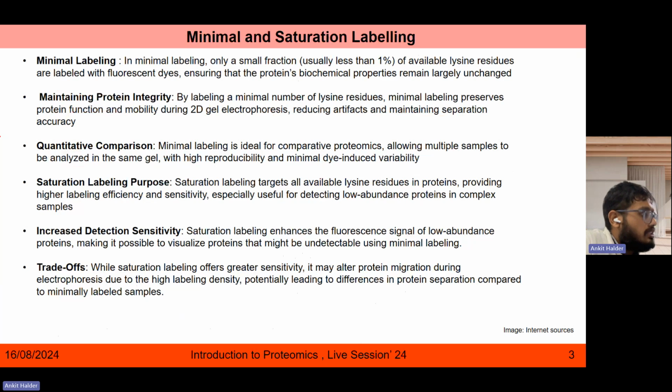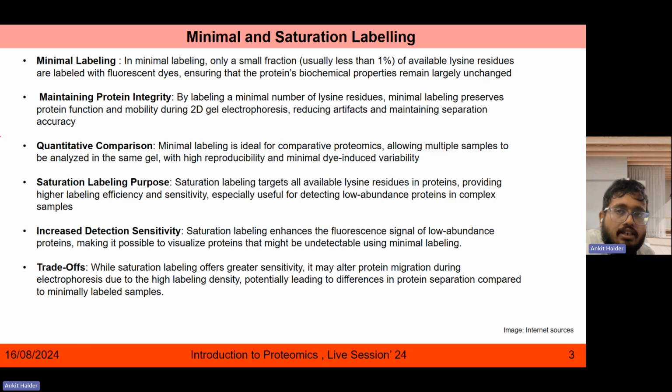So now we will be looking in detail at these two terms, minimal and saturation labeling, because as I mentioned, this is quite important for us to understand how it works, why it is important, and how it can affect your experiment.